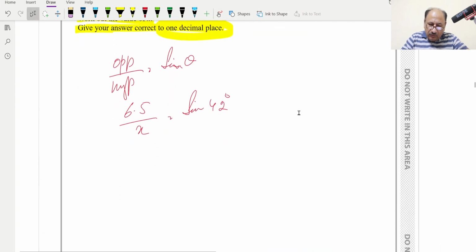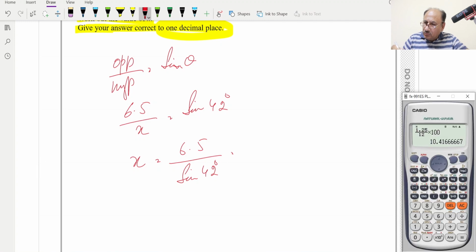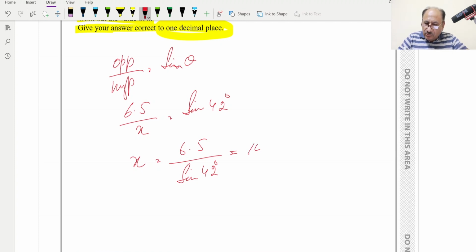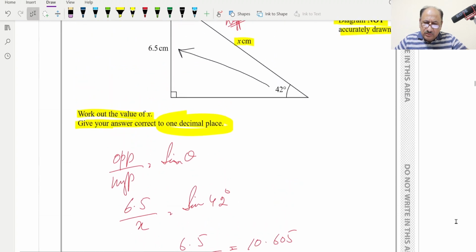So x will be equal to 6.5 over sine of 42 degrees. Before doing calculations you should know that your calculator should be in degree mode, not in radian mode, otherwise you will get an incorrect answer. 6.5 over sine of 42 degrees is equal to 10.605, and because we need one decimal place, approximately 10.6, in centimeters.